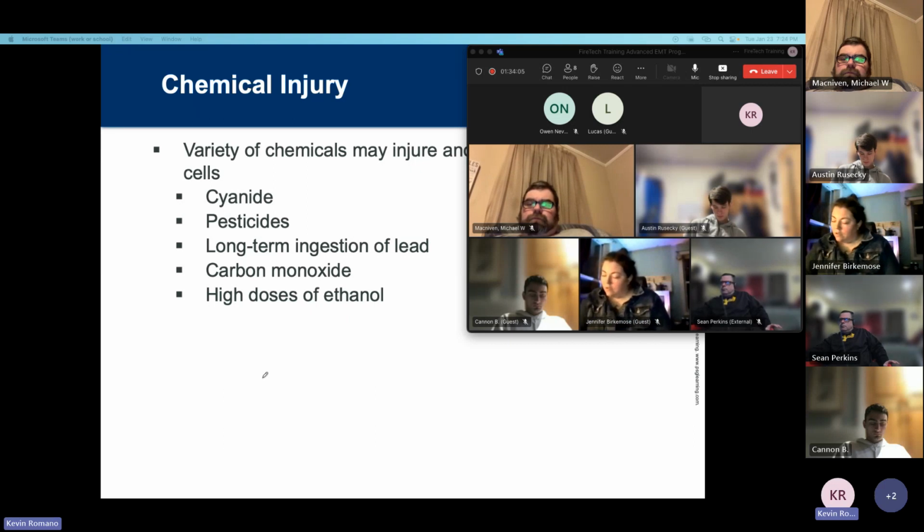Carbon monoxide poisoning prevents adequate oxygenation to the tissues because it has a higher affinity, so it'll stick to hemoglobin and red blood cells and replace the oxygen. If you put a patient on a pulse oximeter and get a reading of 99% and they've been involved in a carbon monoxide incident, most likely that's a false reading and they're not 100%.